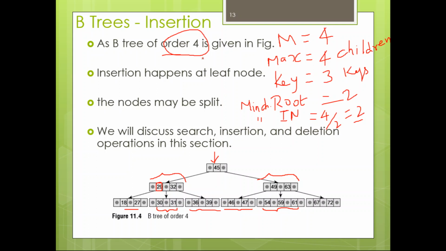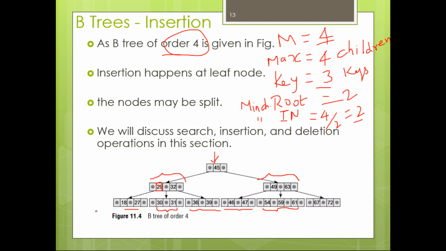A node can have a maximum of 4 children and 3 key values, because we are discussing a B tree of order 4. The pointer to the right of 63 is pointing to another node which has 2 key values, 67 and 72, which are greater than 63.